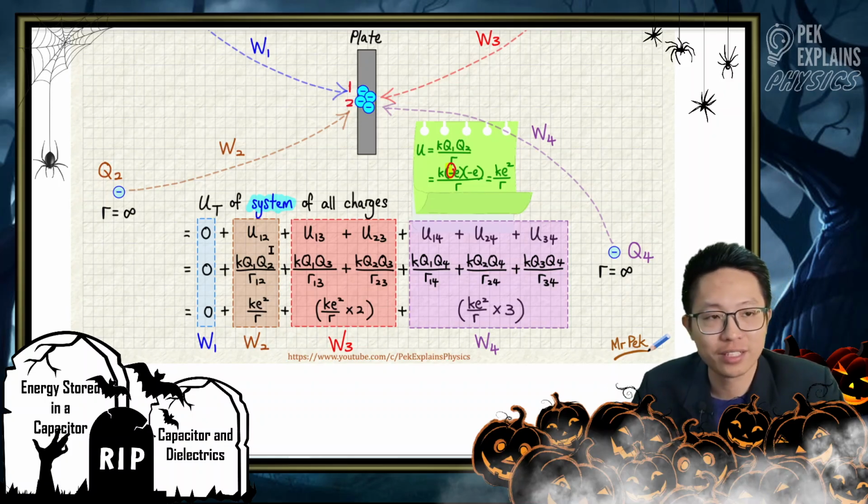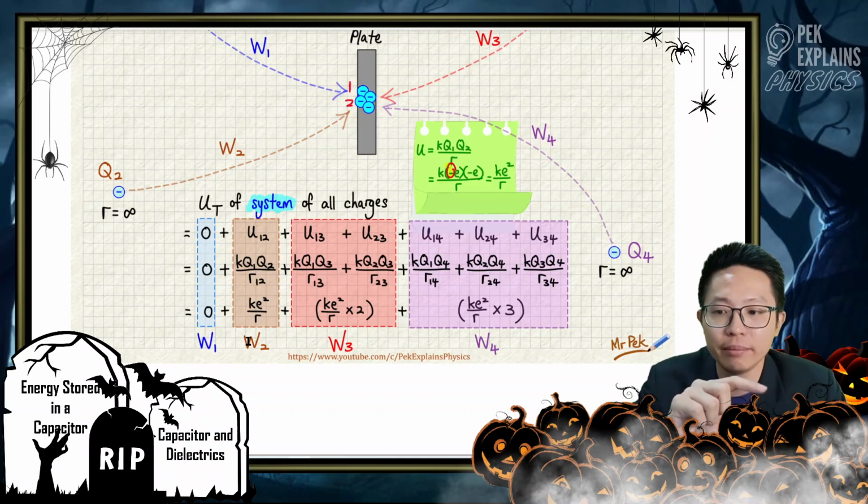That's what you learned in the first chapter. U12 is kQ1Q2 over r. Just now we found the formula kQQ over r, and each charge is the electron charge, negative e. We get ke squared over r. So we substitute kQQ over r with ke squared over r. That is the work done too.